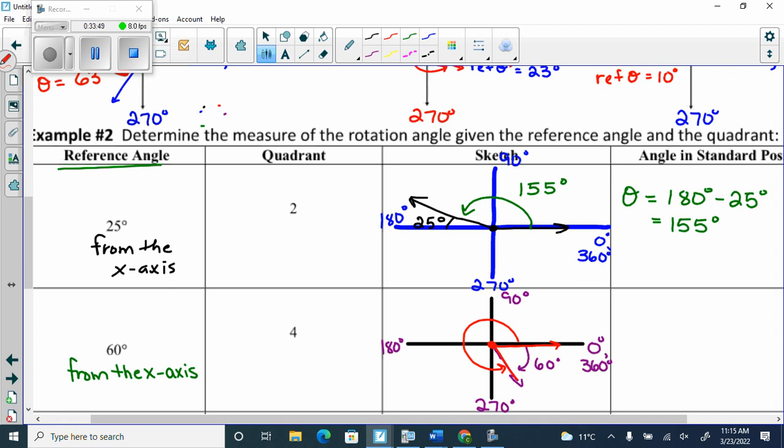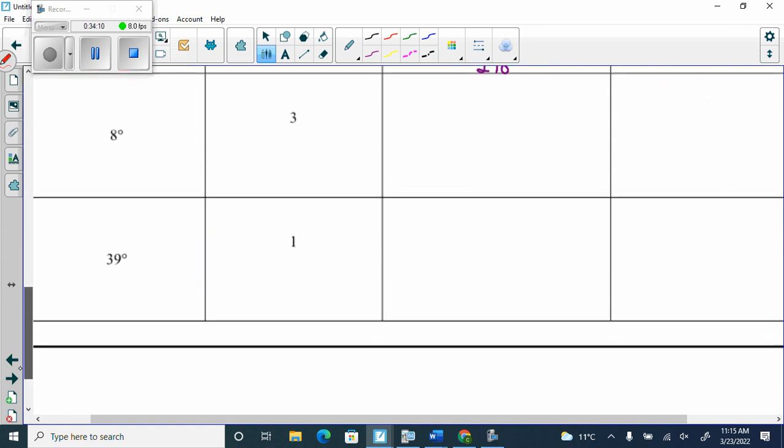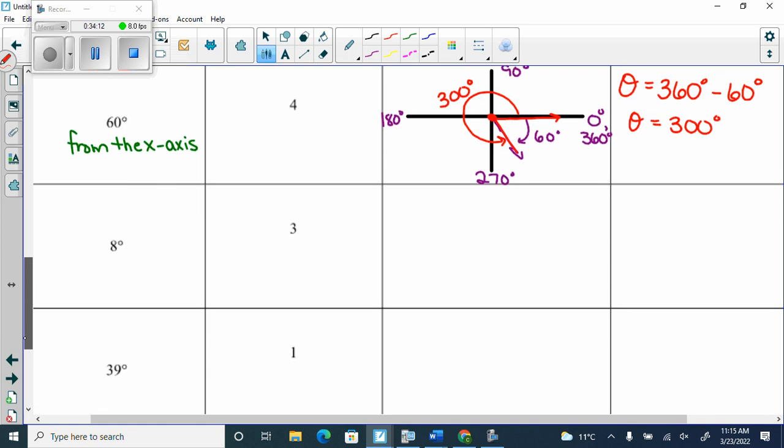I go 360 minus the 60, and then I'm left with 300. And I label it. Okay, look what's here. 2 more. What do you think I'm going to ask you to do?